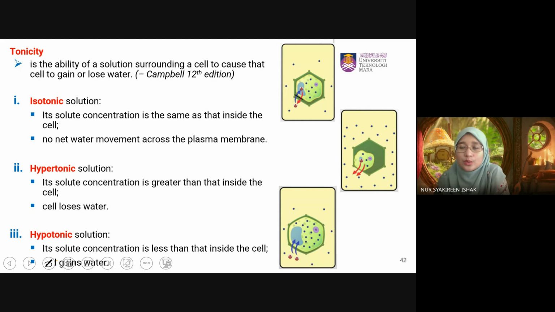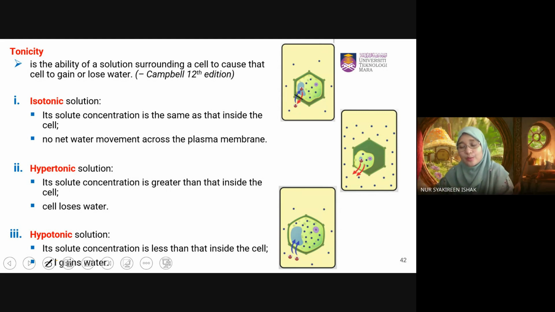Usually any living cells, especially eukaryotes, or prokaryotes even, or even multicellular eukaryotes, are made up of cells. They are surrounded by solutions. They are surrounded by water.